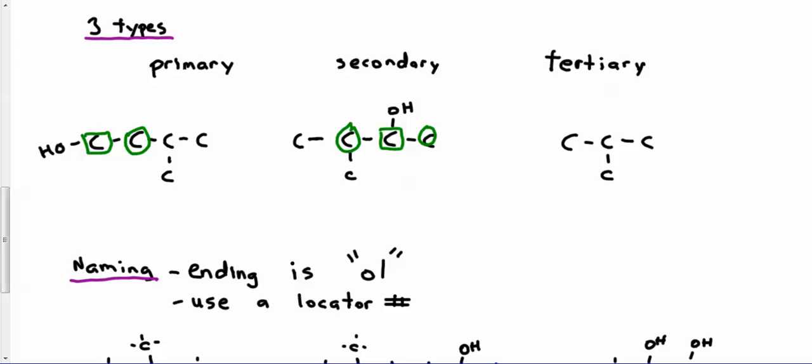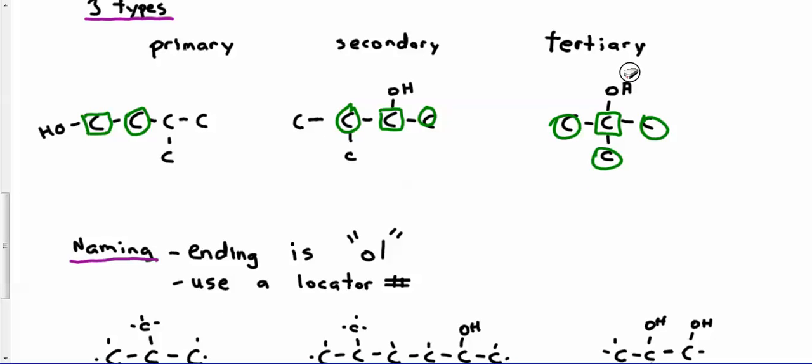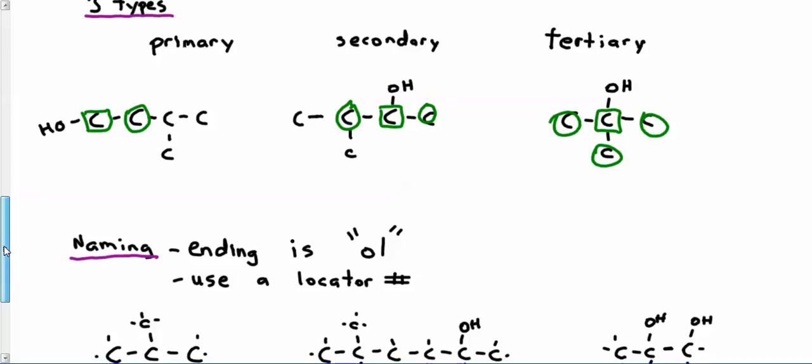And in the last case, a tertiary is when the OH group is attached to a carbon that is attached to three other carbons. So three kinds, and their physical properties are also different, and we're going to be doing a lab about that later on.